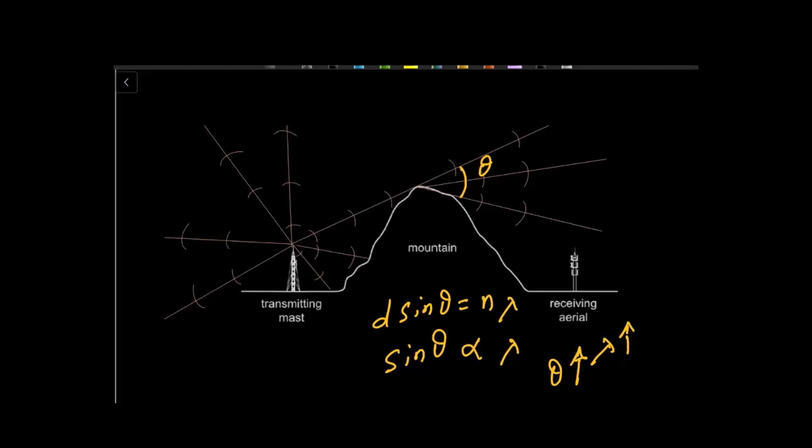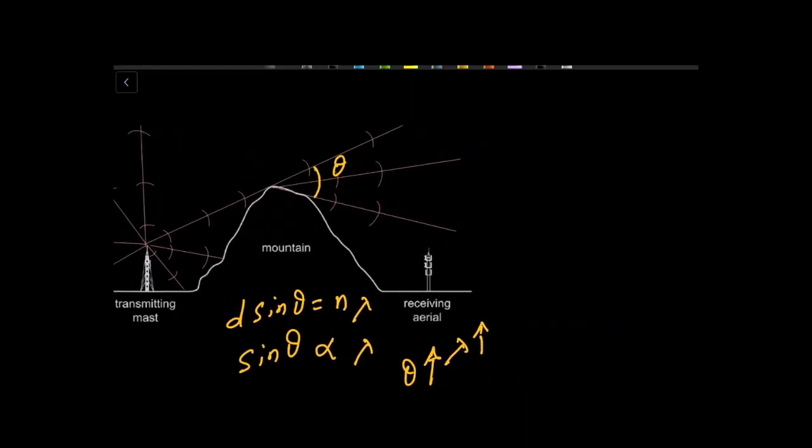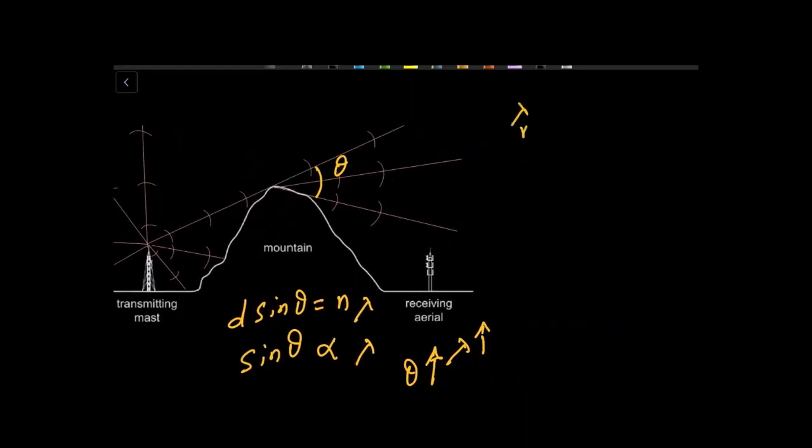So in the problem it is given that the radio wave is of wavelength 1.5 kilometer, which is equal to 1.5 into 10 to the power 5 centimeter. And for the microwave, lambda is given as 1.5 centimeter. So it is clear that the wavelength of the radio wave is much greater than the wavelength of the microwave.